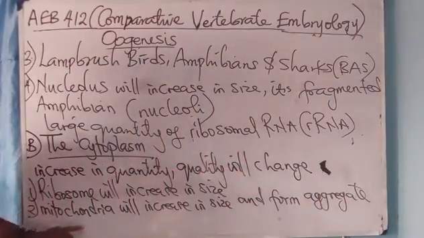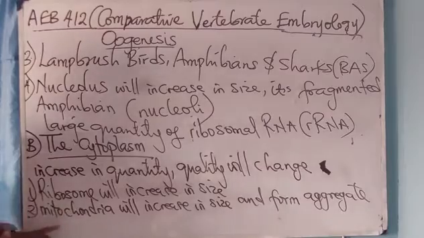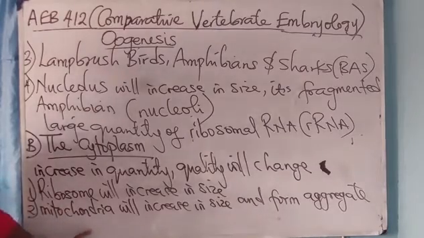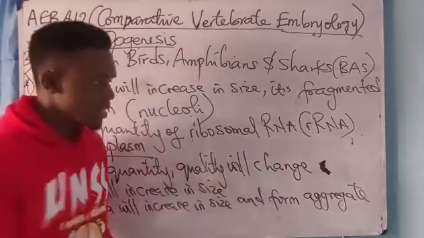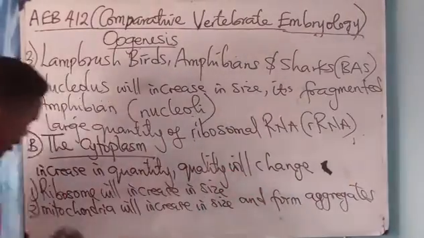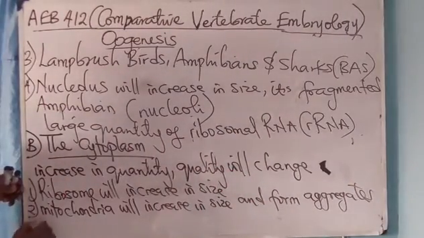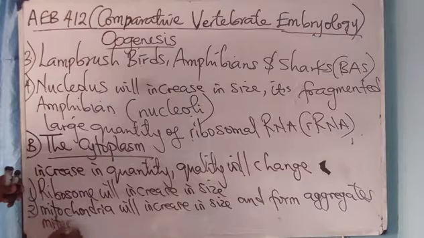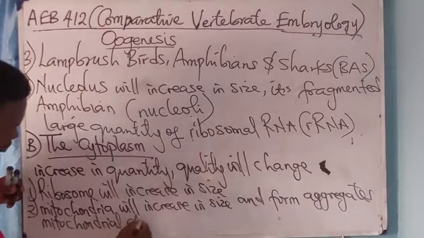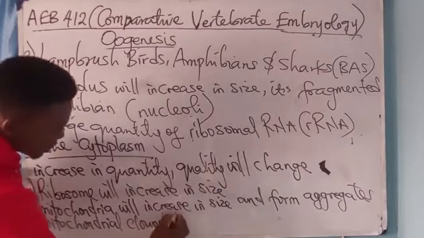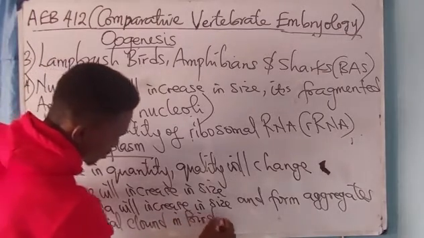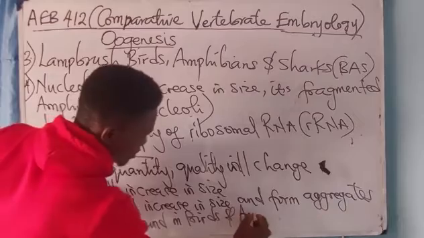As soon as they increase in size, they form aggregates. These aggregates are called the mitochondrial cloud in birds and amphibians.